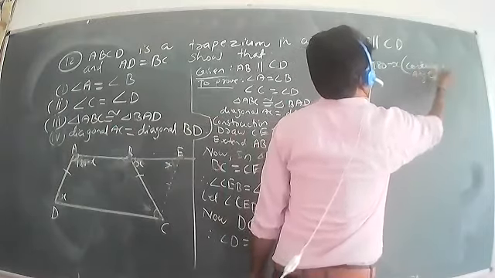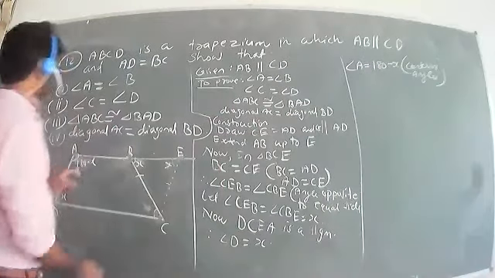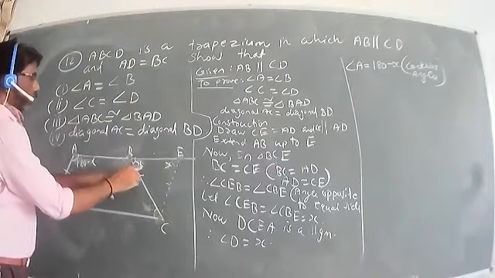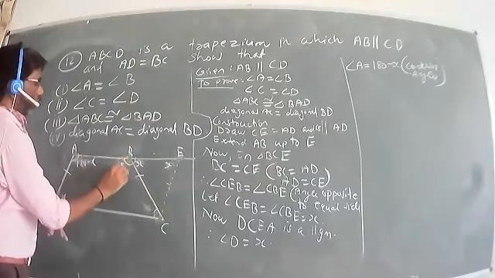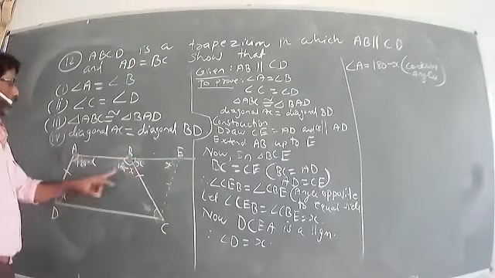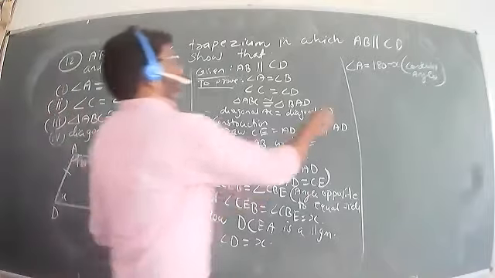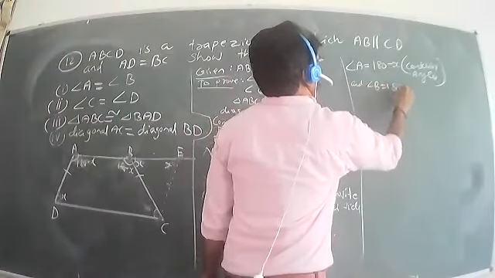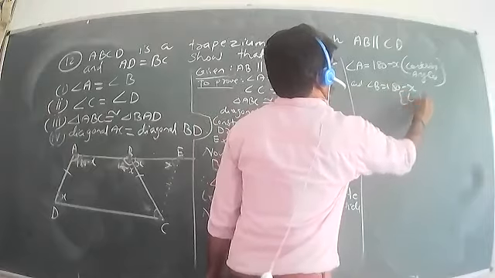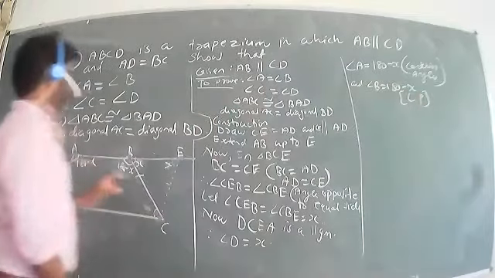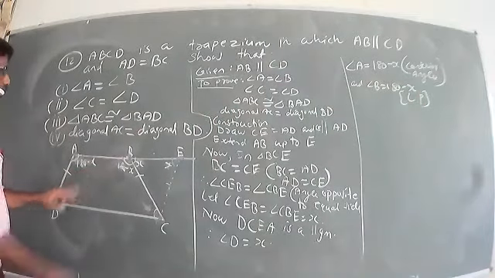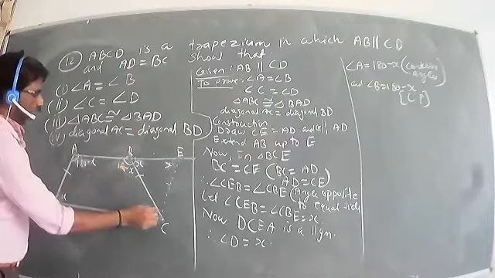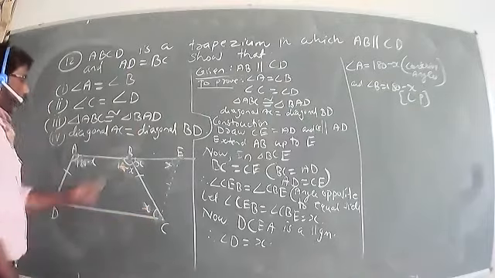Co-interior angles. So angle A you have got to 180 degree. And since this is x, this is also will be 180 minus x because linear pair. And angle B is equal to 180 minus x, reason linear pair. So we have proved that angle A is equal to angle B. And if it is 180 minus x, this is also x because sum of this will be.